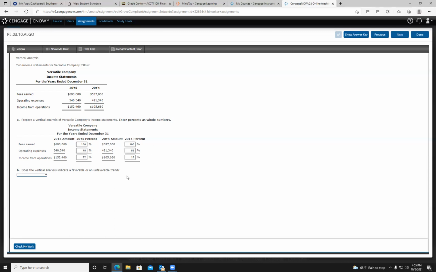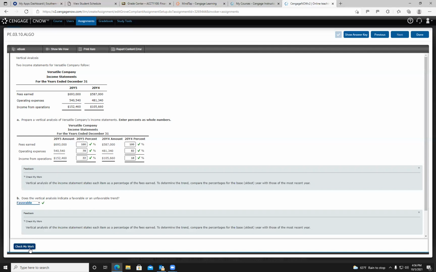Even though our expenses increased from one year to the next, so did our revenue, which is why it's important to do this vertical analysis, because we can see that we only had to utilize 78% of our revenue in our current year versus the 82% that we utilized in our previous year. So I would consider this a favorable trend.